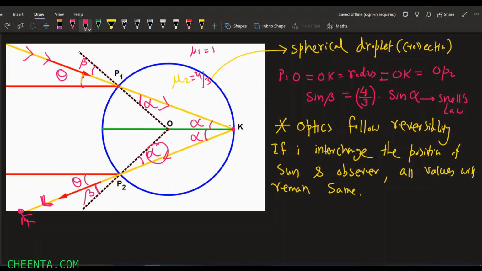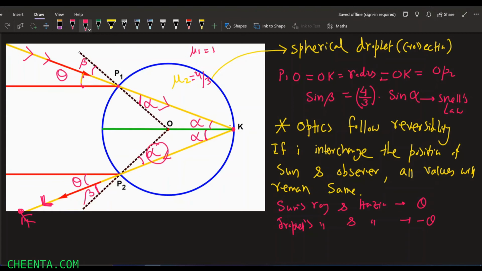So if this angle is theta and this angle is theta, this means that the angle between the sun's ray and the horizon is theta, and the angle between the droplet's ray and the horizon is minus theta.